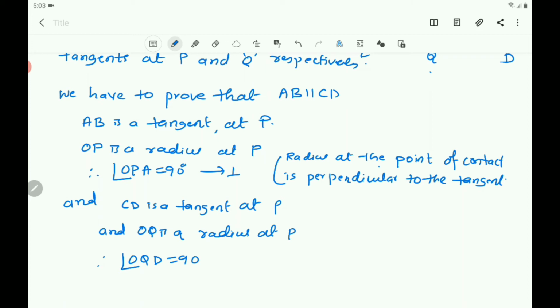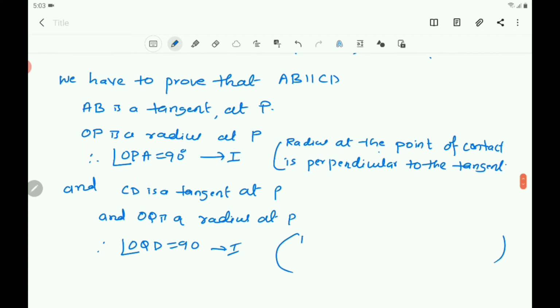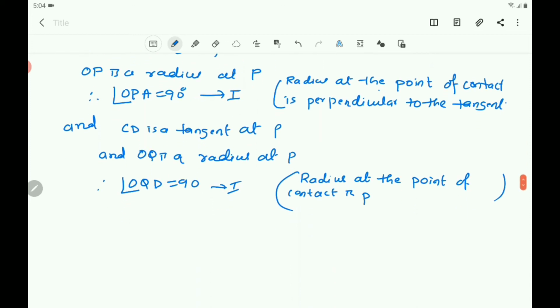So this is the first one, this is the second one. Same reason you can give here: radius at the point of contact is perpendicular to the tangent.